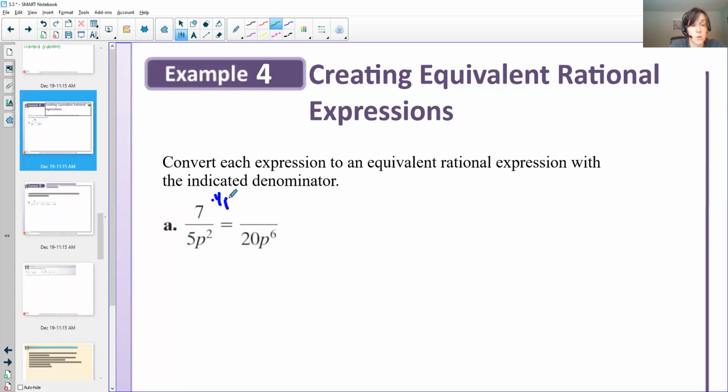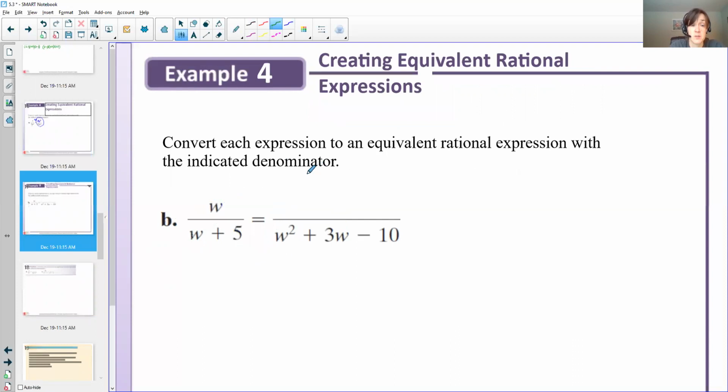That means I need p to the 4th. So multiply now. 7 times 4p to the 4th gets me 28 p to the 4th. You don't want to simplify this here because the goal was common denominator. Okay, so remember the whole point here, if you simplify, we get back where we started. We lost our common denominator. Leave it alone.